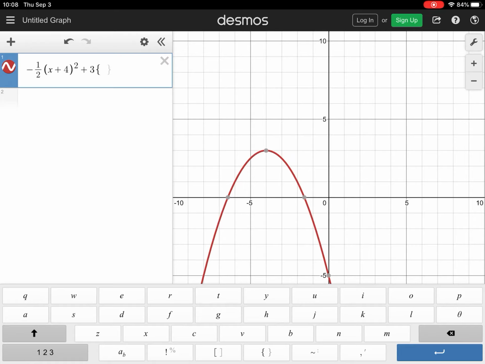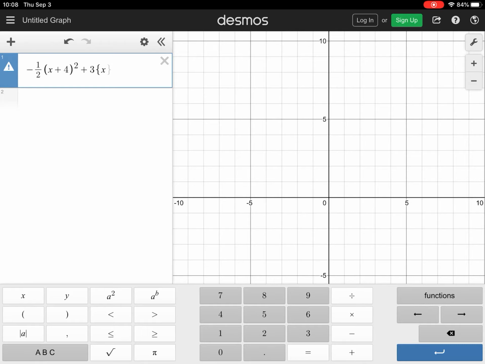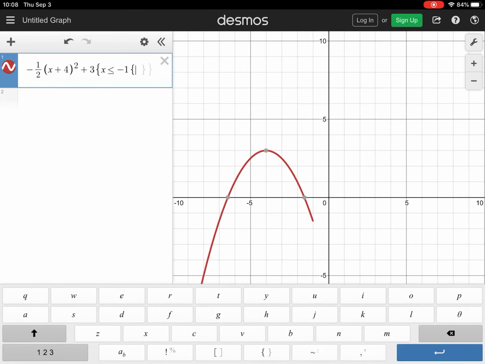Here we go. You want a brace, and then you're going to put x is less than or equal to -1 and close the brace. Nope, just kidding. Hold on. Okay, so notice that it stops it there.